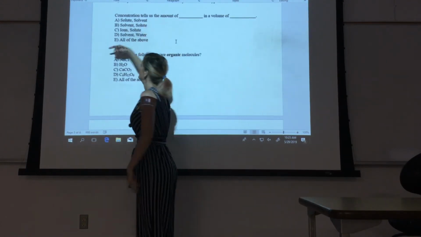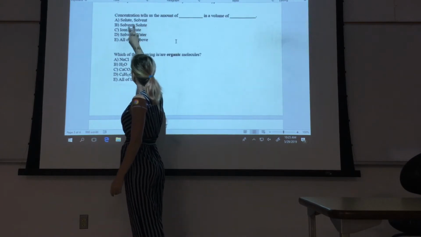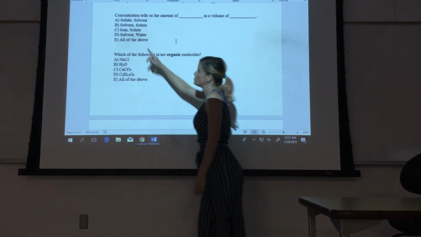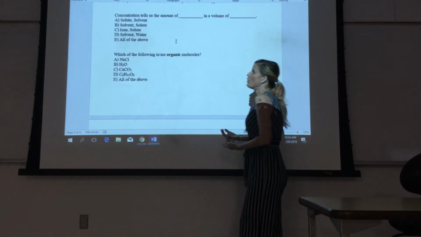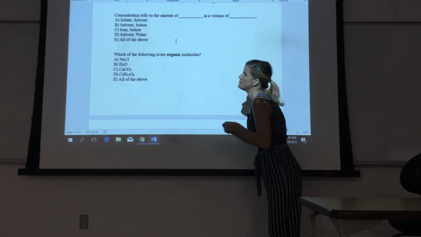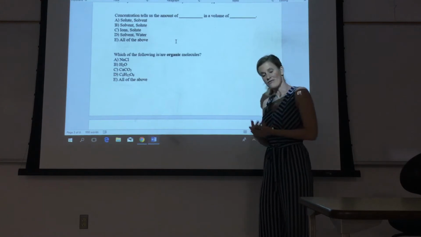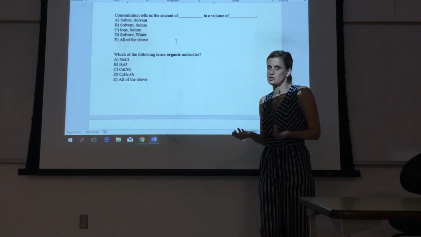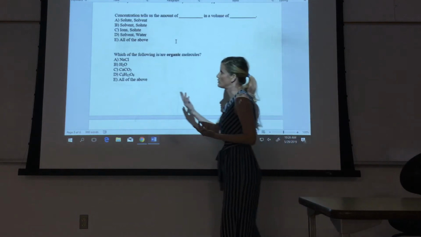Okay, that's the answer. B has those backwards. C says ions in a volume of solute. No, if that said ions in a volume of solvent, that could be correct, right? That would tell us the concentration, but it doesn't say that, it's backwards.